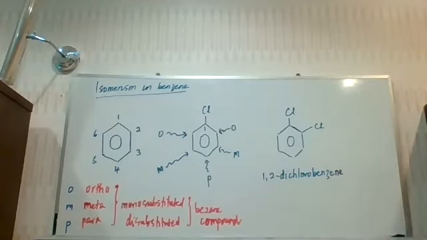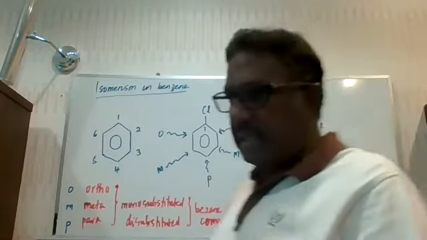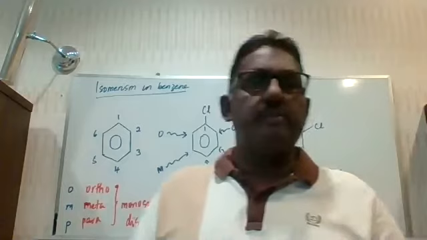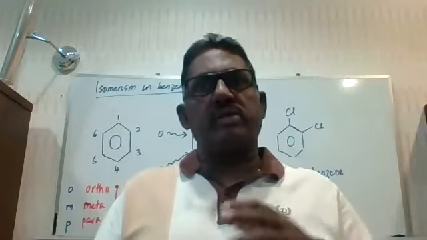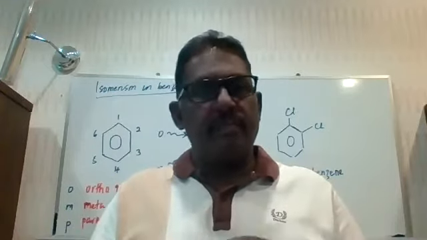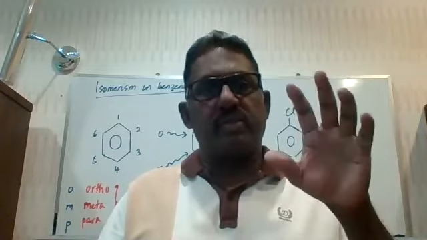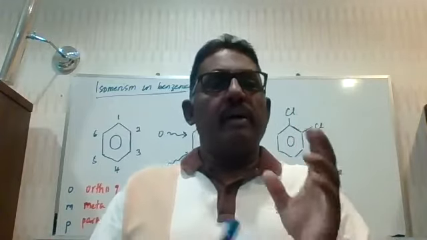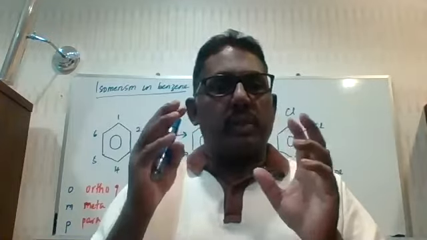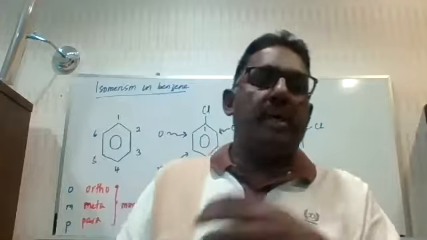Now, isomerism in benzene for this structure. Remember, I told you before, isomerism is either a structural difference in the compound, or if the structure happens to be the same, then the orientation of the atoms within the molecule will be different, which makes the two structures, considered as isomers, non-superimposable.